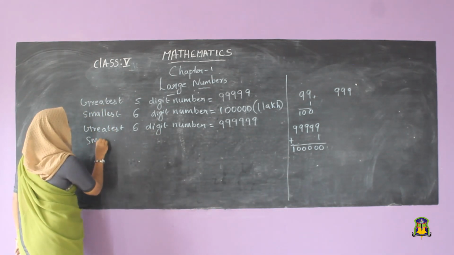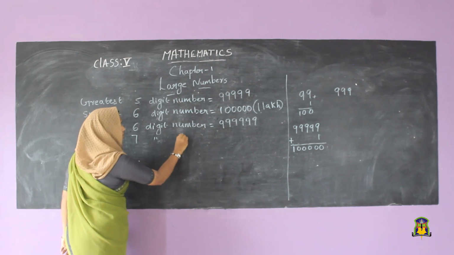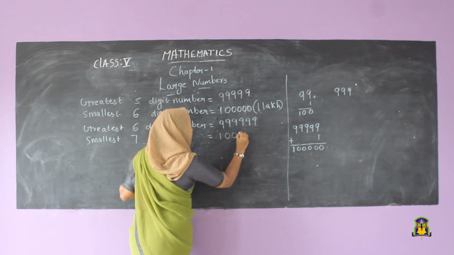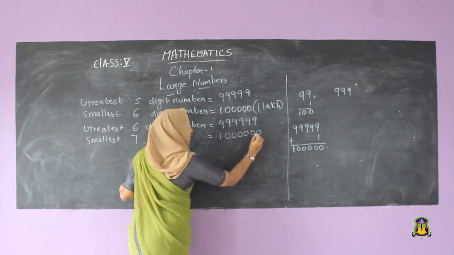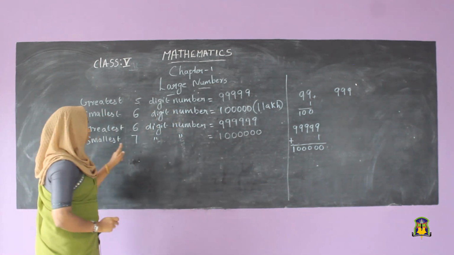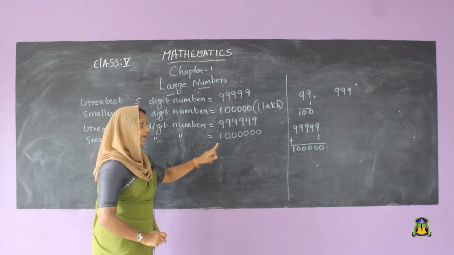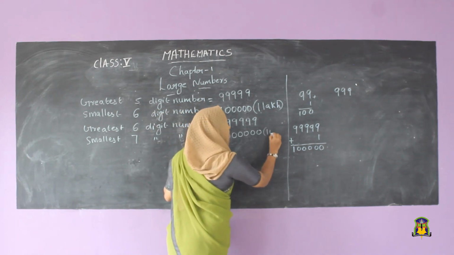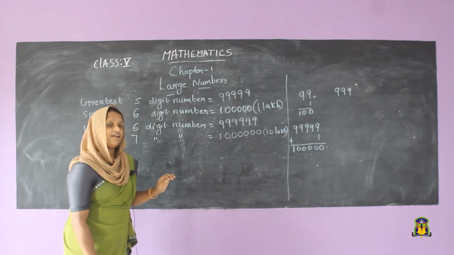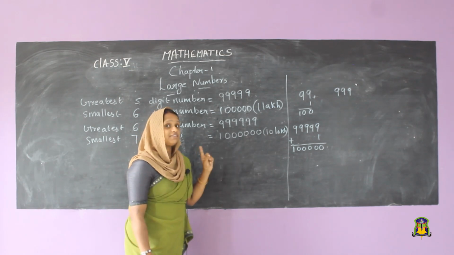So the smallest 7-digit number is 1 followed by 6 zeros. We call this number 10 lakh. So 1 lakh has 5 zeros, 10 lakh has 6 zeros.